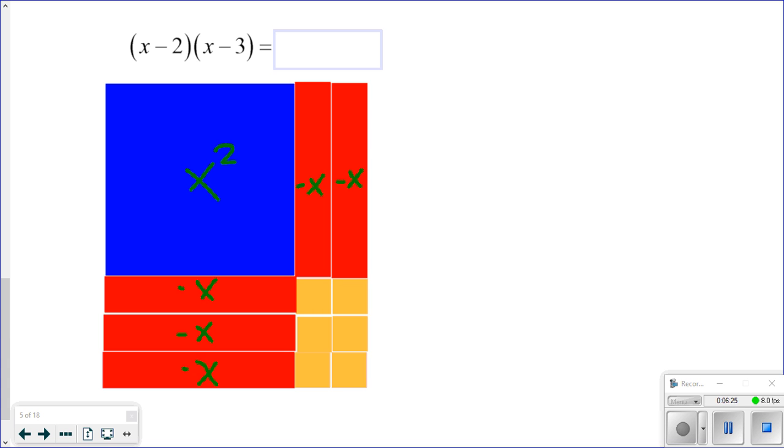And then remember, a negative times a negative makes all of these positive. So we have x squared minus 5x plus 6, positive 6, because negative 2 times negative 3 gives us a positive 6.